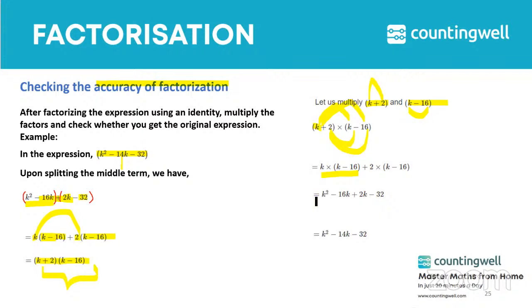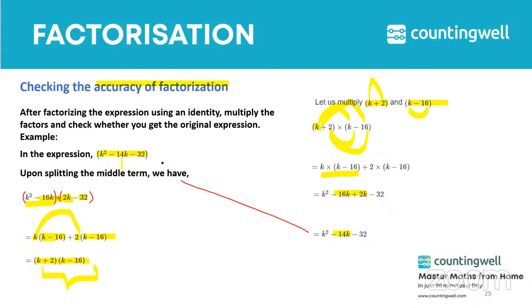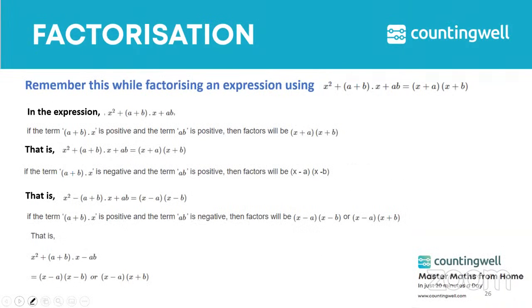In this way, we'll get k square, k into k is k square, k into 16 is minus 16k, 2 into k is 2k, and 2 into 16 is 32. And you should take care of the signs here. You know, minus 16k plus 2k is nothing but minus 14k, which is our original expression. So this is one trick to check whether you have factorized correctly or not.